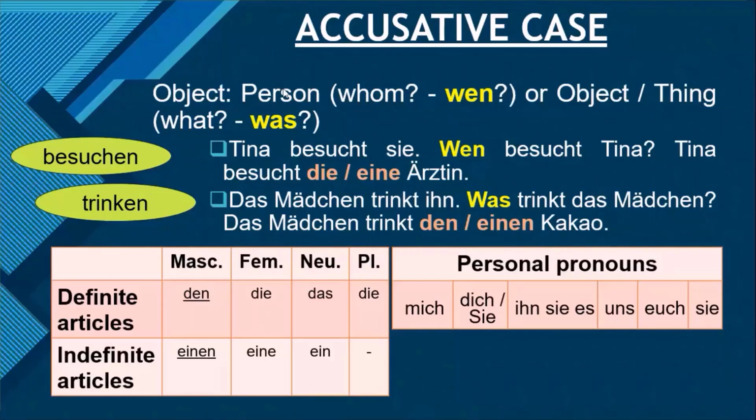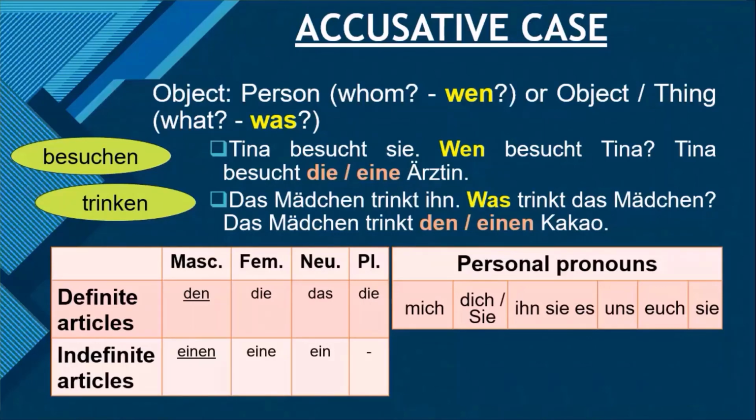And also, in the accusative case, the definite and indefinite articles change for the masculine nouns, whether the nouns are people or things. And the personal pronouns will also change compared to the nominative case. The words that I used in the sentences here, besuchen and trinken, and most of the verbs that I've used in my previous tutorials use this accusative case.